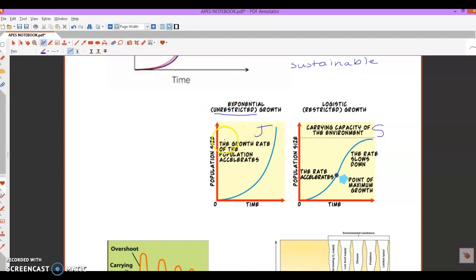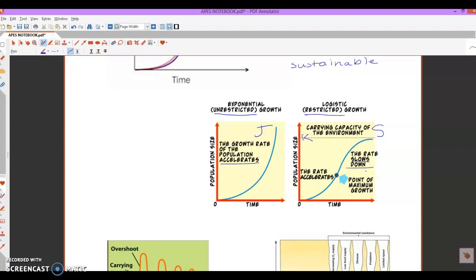It just keeps going and going and going until it eventually crashes. We'll look at what that looks like in just a second. So it accelerates. The logistic is restricted. It never exceeds our carrying capacity. Here's our carrying capacity, K. K for carrying capacity. So it slows down.